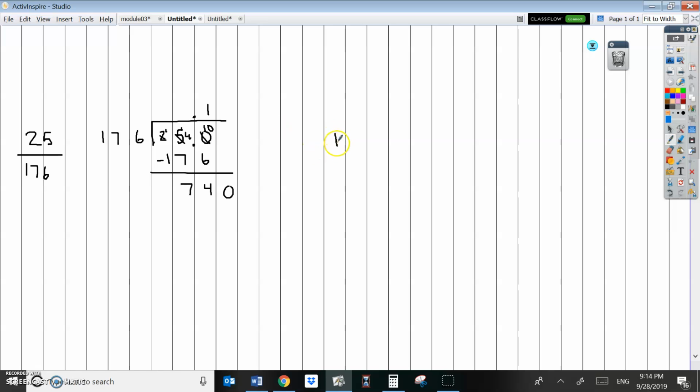So let's try 4. 176 times 4. 4 times 6 is 24, 4 times 7 is 28, plus 2 is 30, 4 times 1 is 4, plus 3 is 704. Okay, 704 looks good. So we could fit 4 of them in.